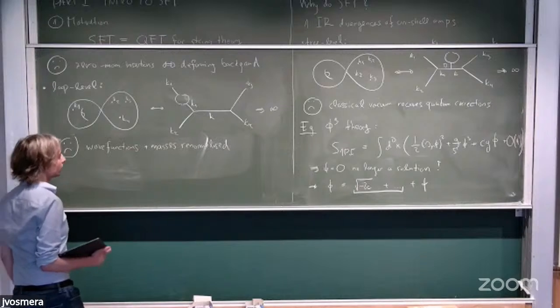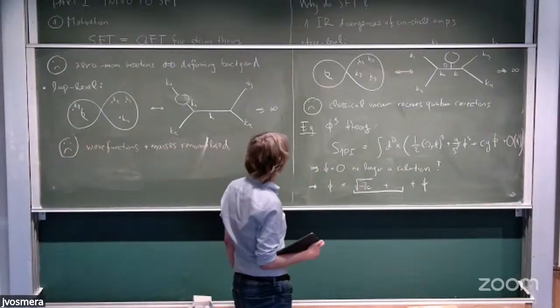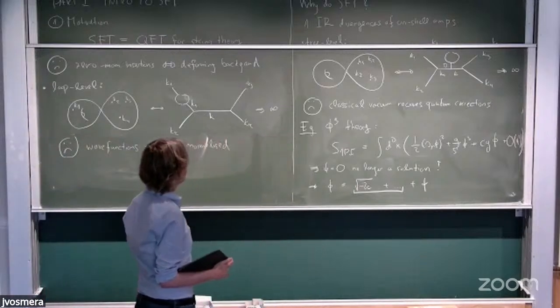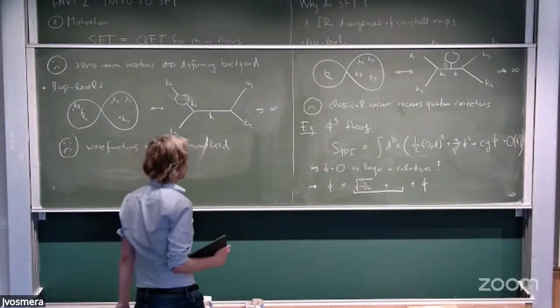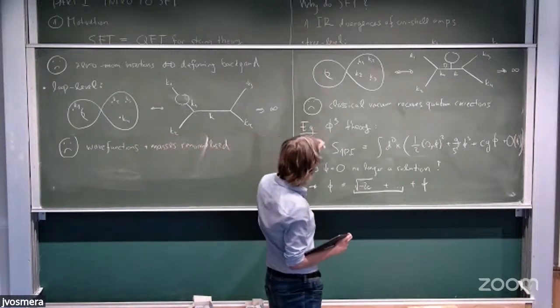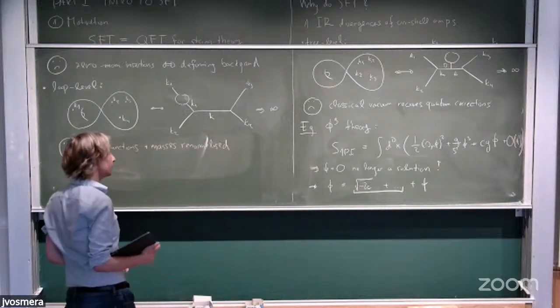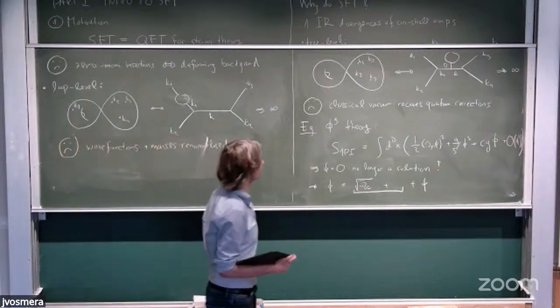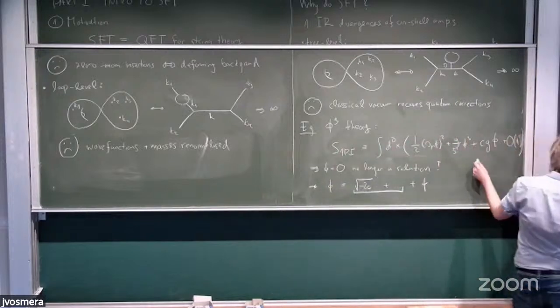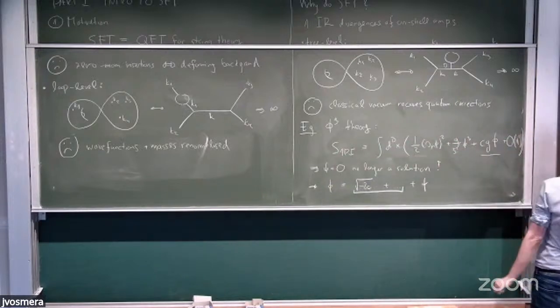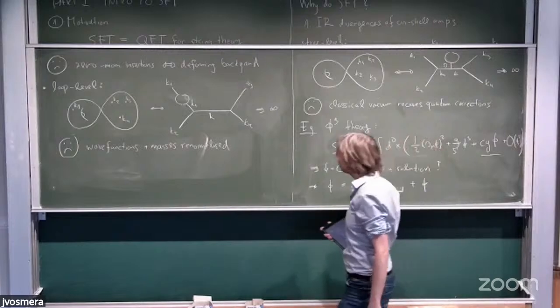So following the same logic as in this simple phi cubed example, if we look at the 1PI effective action for string field theory for generic backgrounds, what we should generically expect to obtain are these linear terms which arise at loop level.